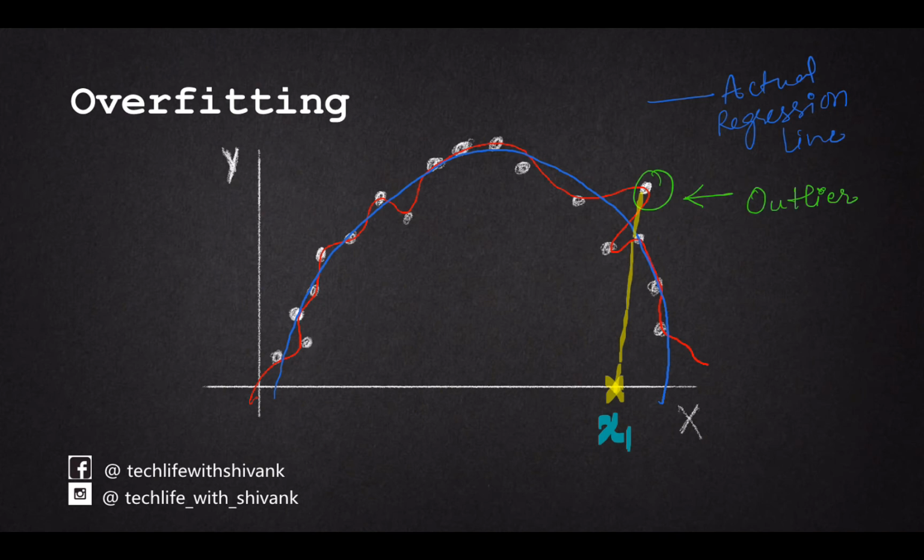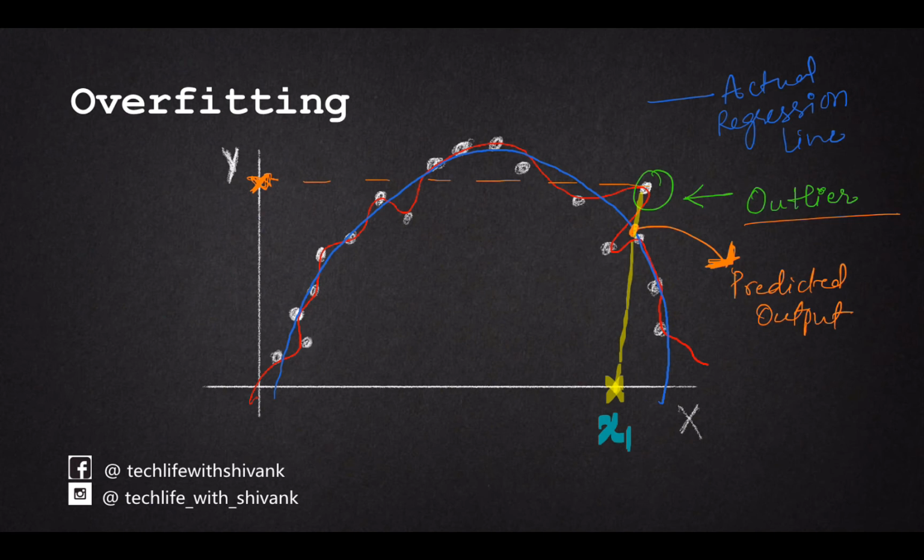So here we can clearly see that ideally the predicted output should be this point marked in orange, but in actual our overfitted model would predict the output to be this value which it learned from this outlier here, and which would not be what we would expect our model to predict.